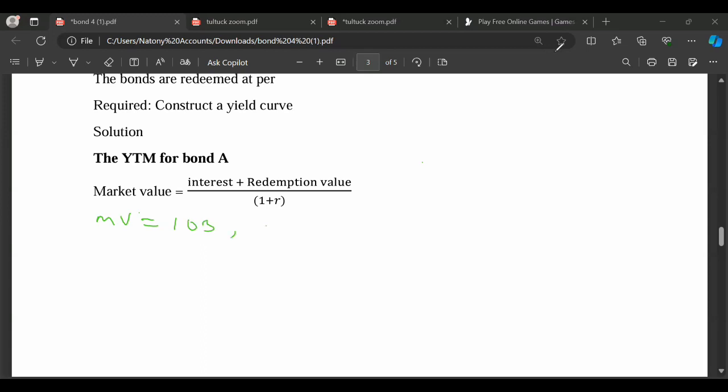The interest is 7%, that's 7 naira. But we don't know R, which is the discount rate for year 1.